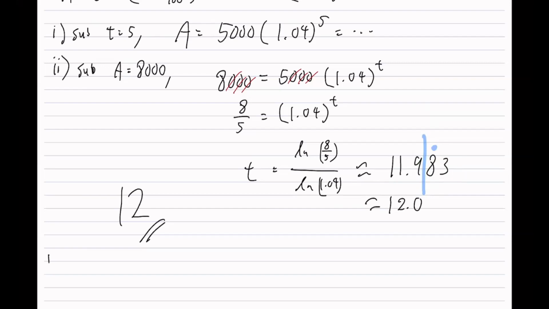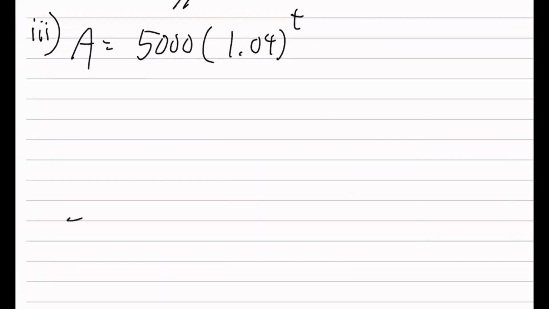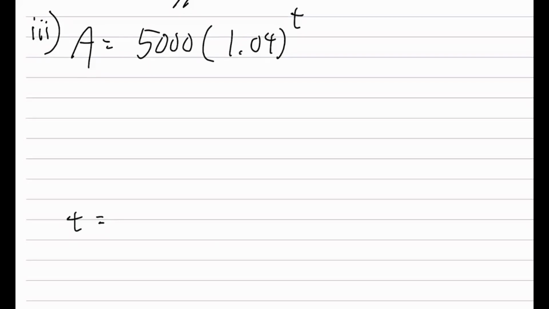Anyways, part 3: express t in logarithmic form. They're asking you to solve for t. How to solve for t? In terms of A. Yes, okay, A divided by 5,000.